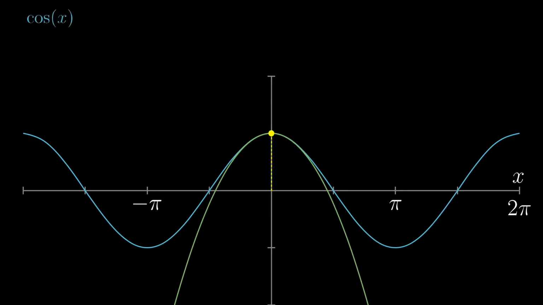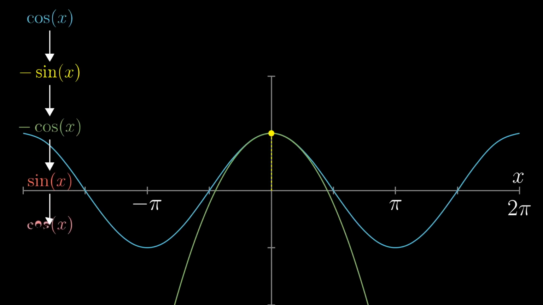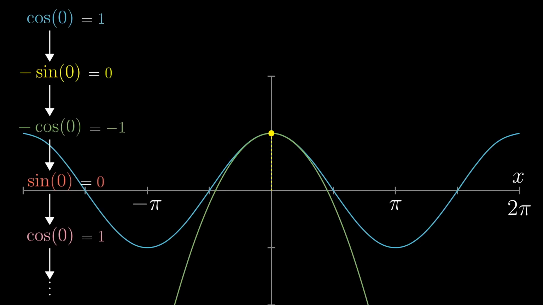It follows this nice cyclic pattern: cosine of x, negative sine of x, negative cosine, sine, and then repeat. And the value of each one of these is easy to compute at x equals 0. It gives this cyclic pattern 1, 0, negative 1, 0, and then repeat. And knowing the values of all of those higher order derivatives is a lot of information about cosine of x, even though it only involves plugging in a single number, x equals 0.